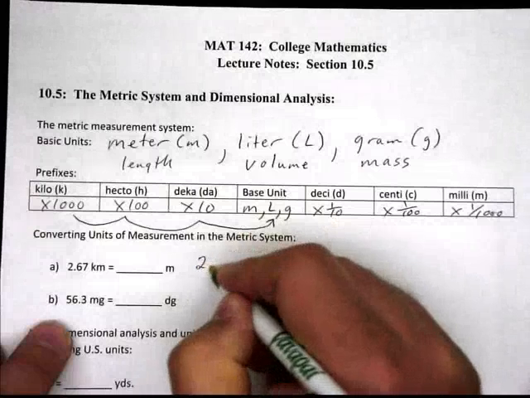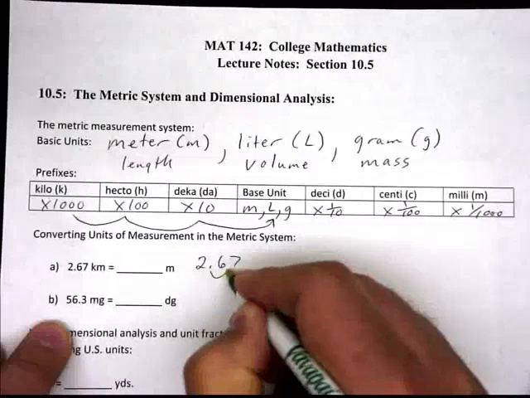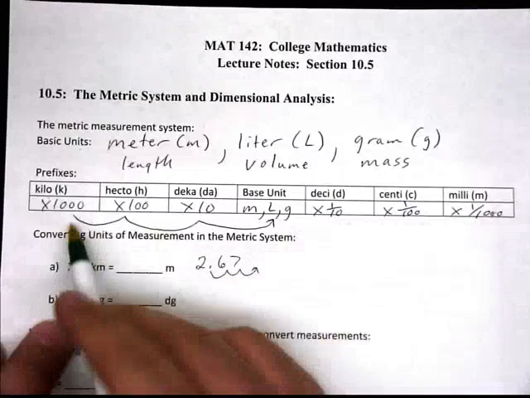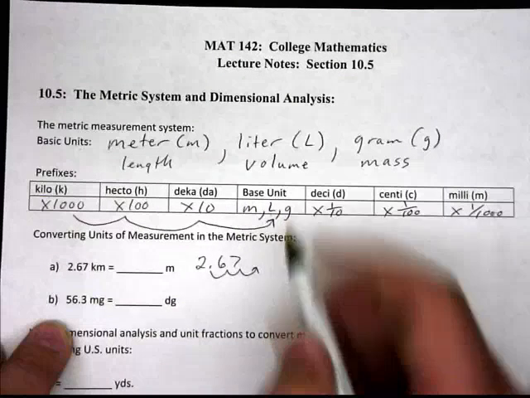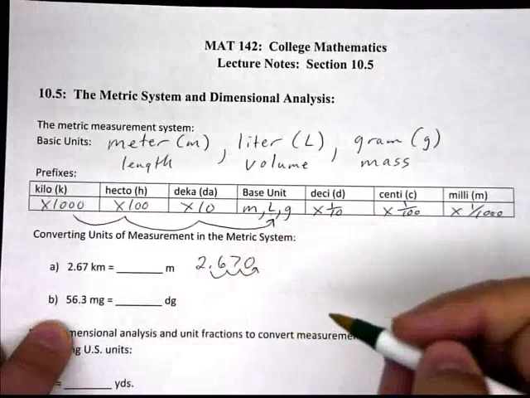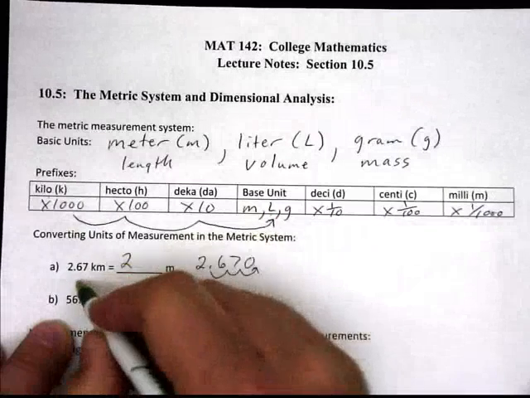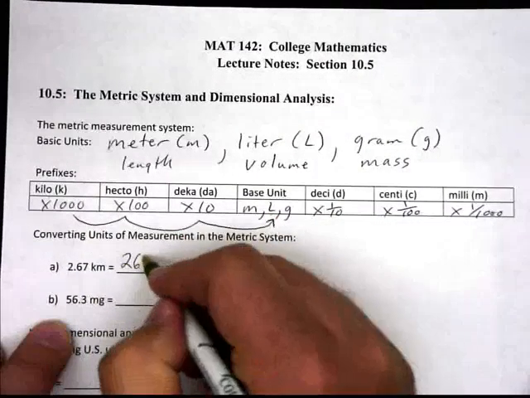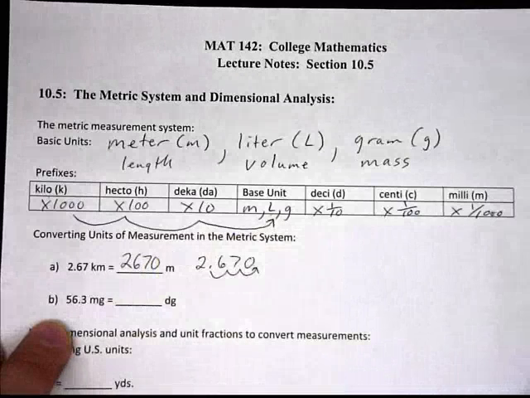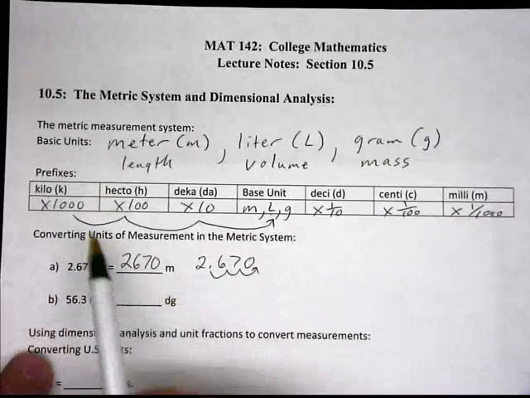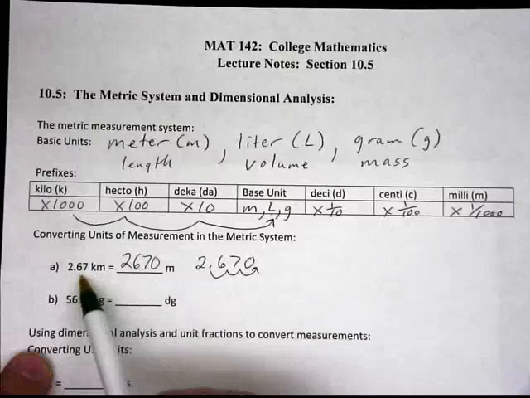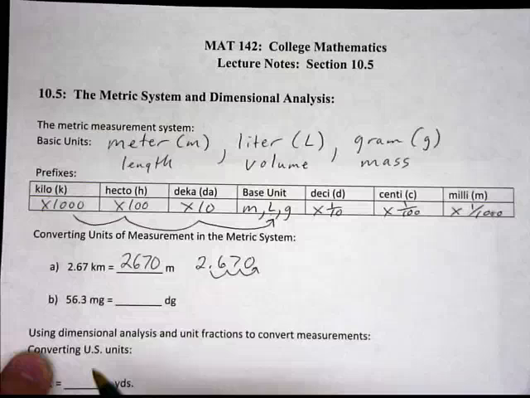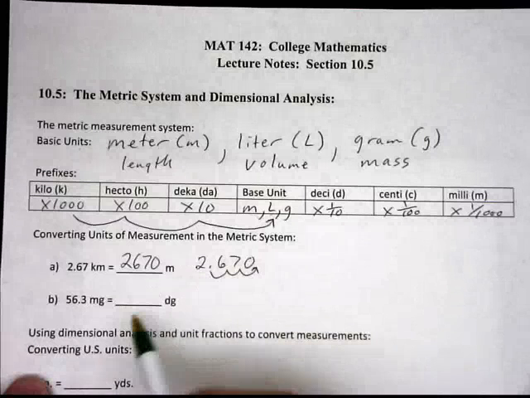And the easy way to do that is to take our decimal point and move it 3 places to the right, just like we did up here to go from kilo to the base unit. And we're going to throw an extra 0 in here. So that means that 2.67 kilometers is 2,670 meters. And that makes some sense. If each kilometer is 1,000 meters, 2 kilometers would be 2,000 meters, and 0.67 kilometers would be another 670 meters.